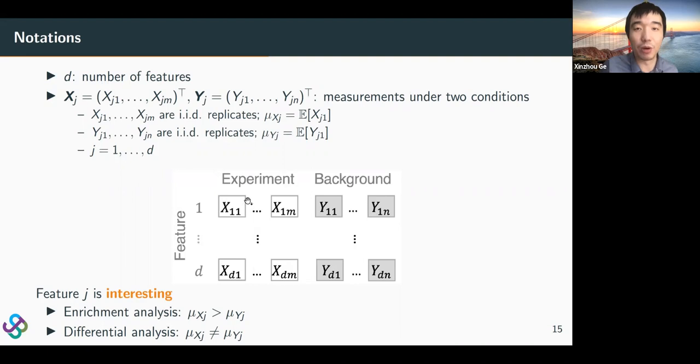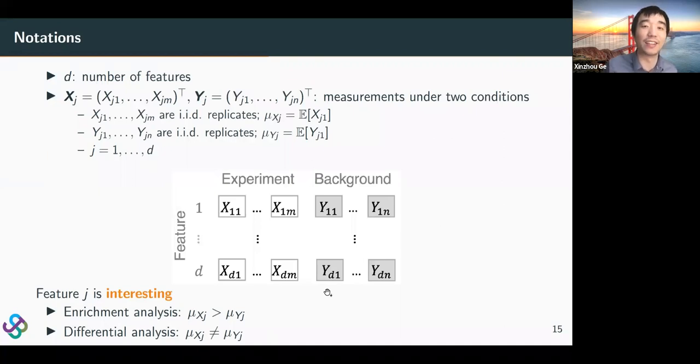We call the expectation of each row mu xj for the experimental condition and mu yj for the background condition. A feature j is interesting if mu xj, the expectation of this, is greater than the expectation of mu yj. Or we call a feature differential, in a differential analysis, if mu xj is not equal to mu yj.